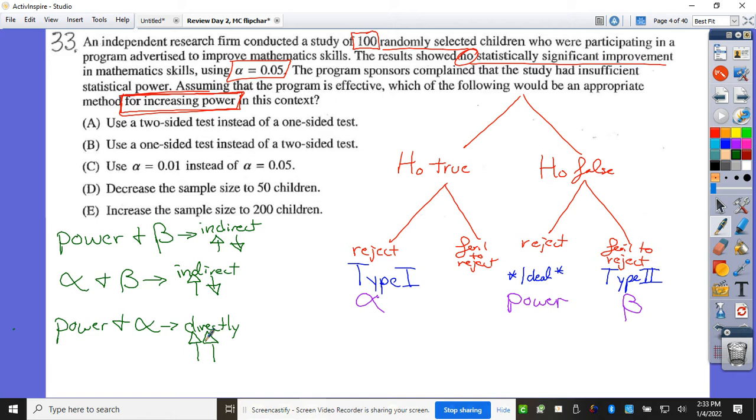So we are trying to increase power. What's the only answer choice that talks about alpha? And what does that one say we're going to do to alpha? Decrease.